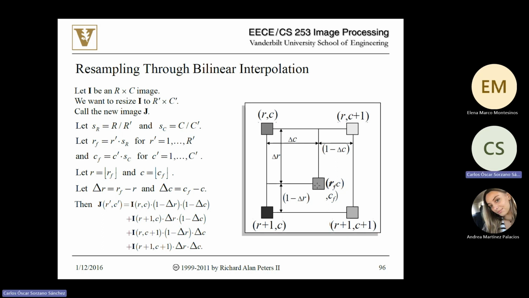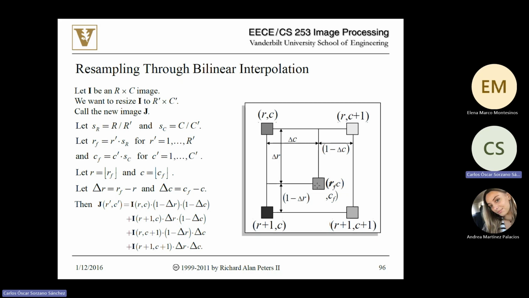So this is our plane. Somebody has solved it for us. It is a very simple plane. It is simply to take into account which are the fractions and how far you are from each one of the four corners. Let's say that you are very close to this corner.